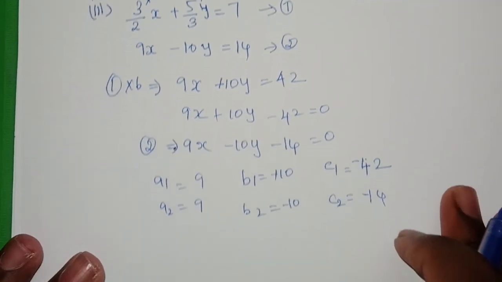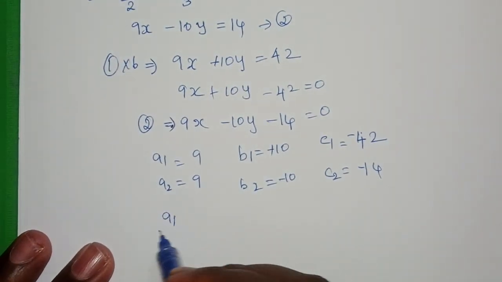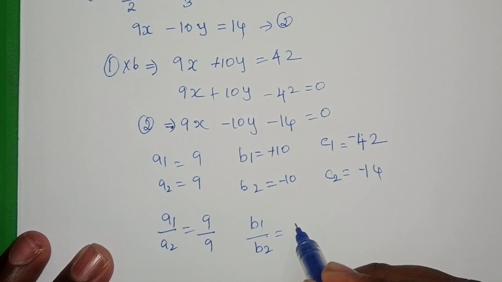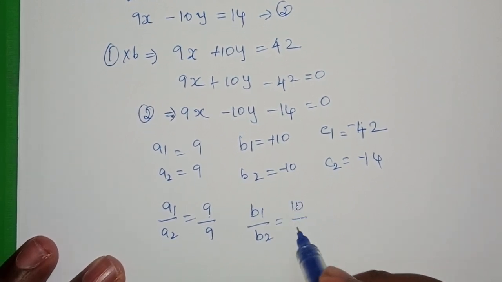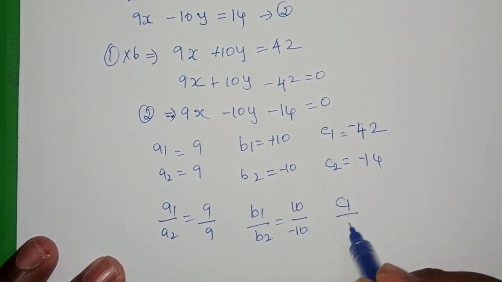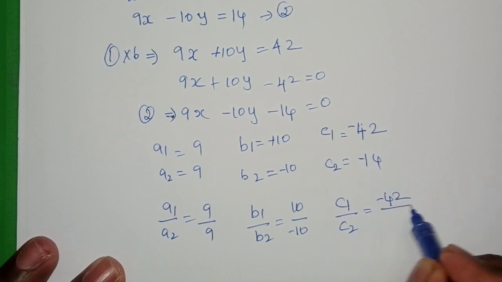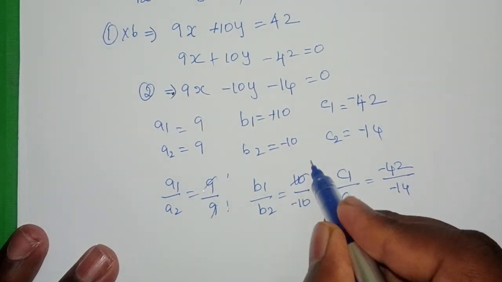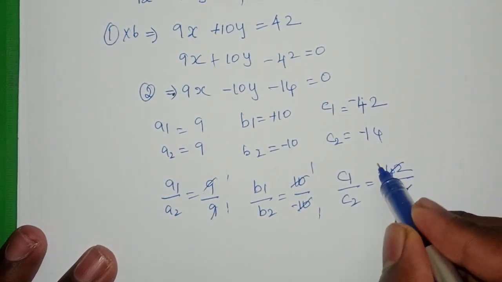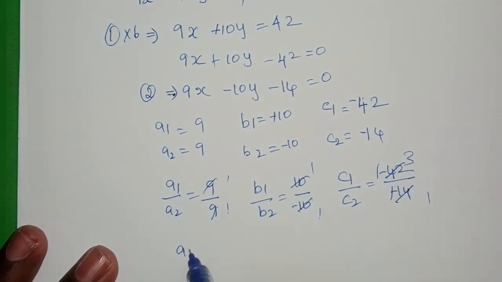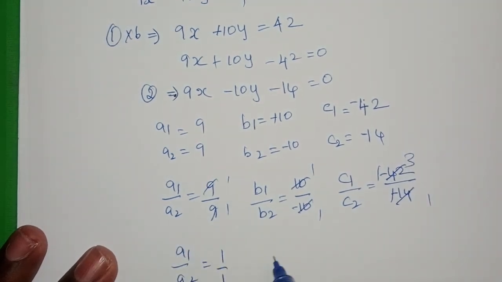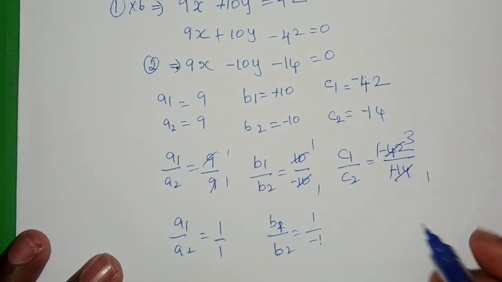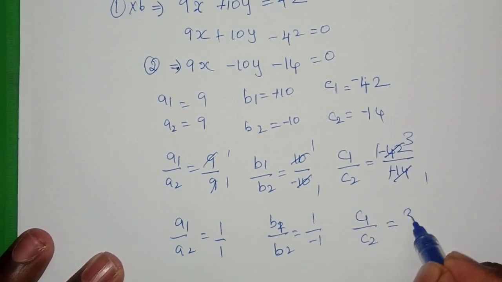Therefore a1 by a2 is equal to 9 by 9, b1 by b2 is equal to 10 by minus 10, c1 by c2 is equal to minus 42 by minus 14. The minus signs cancel. Therefore a1 by a2 is equal to 1 by 1, b1 by b2 is equal to 1 by minus 1, c1 by c2 is equal to 3 by 1.